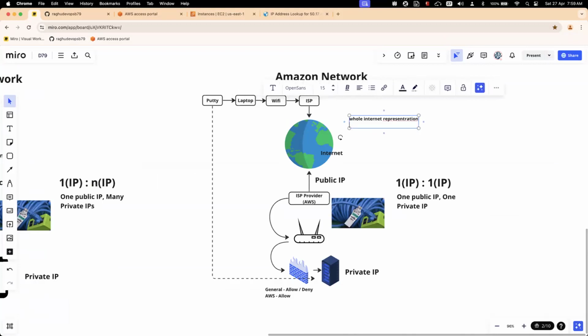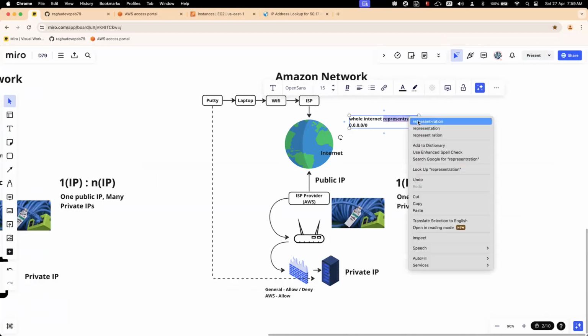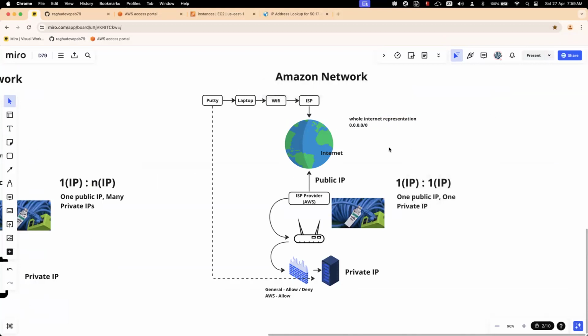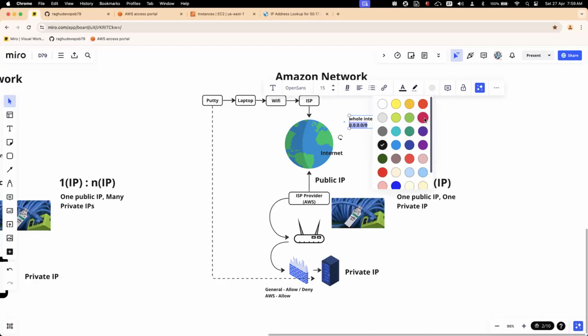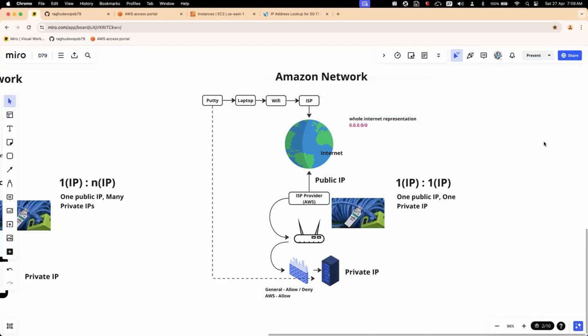How do you represent that? 0.0.0.0/0. The whole internet is represented with this. So the rule allowed by Amazon is telling that port number 22, you allow to everyone.